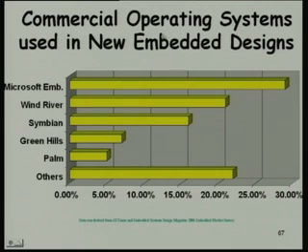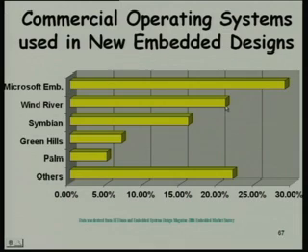So, out of the commercial operating systems, let us see the market statistics, actually slightly older statistics, 2006, published in literature. Microsoft has a large share here, Microsoft embedded, and then we have Wind River Systems.